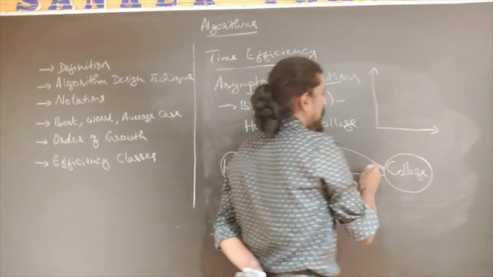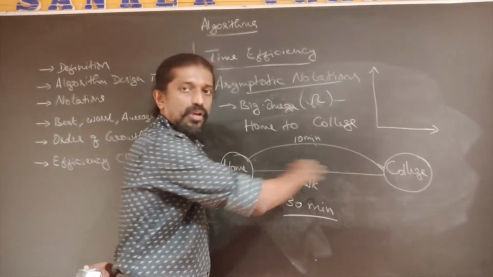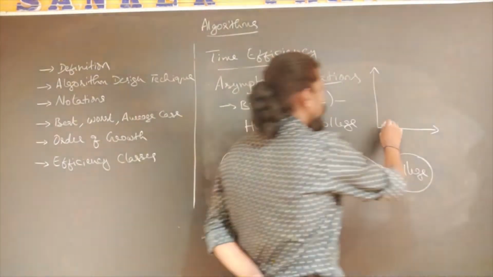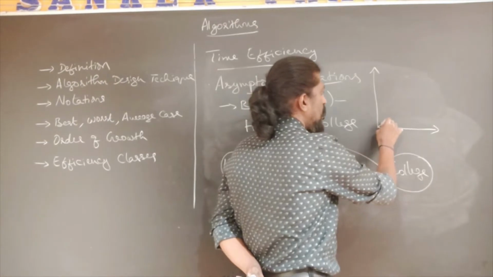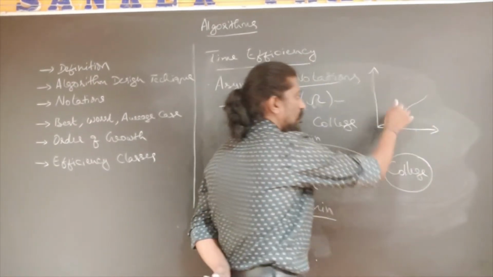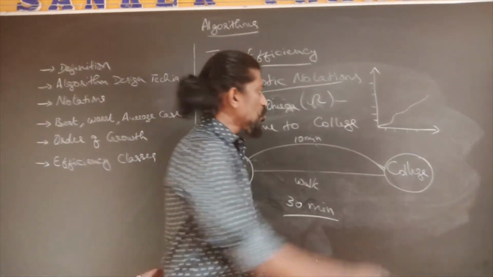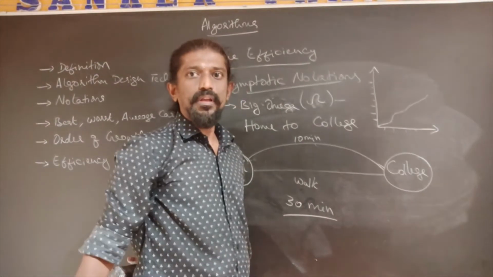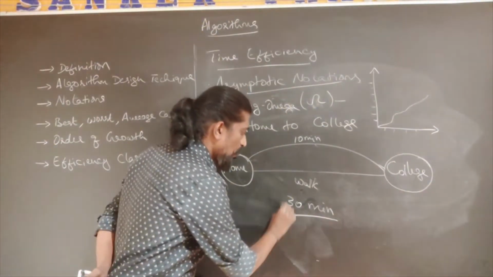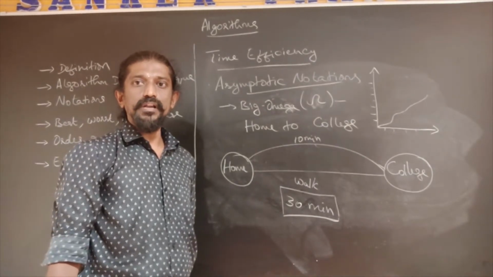Suppose on different days, you have walked and you have plotted a graph: on day 1, day 2, day 3, day 4, how much time I have taken to reach the college from my home. You might have taken different amounts of time, but you know that you can't reach the college in less than 30 minutes.